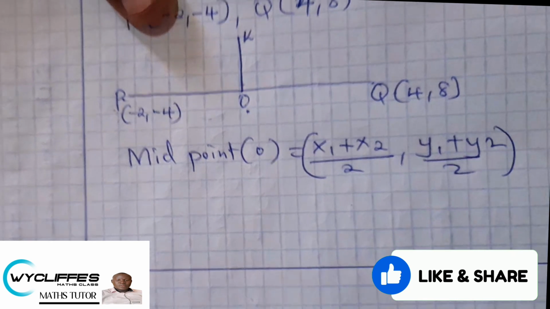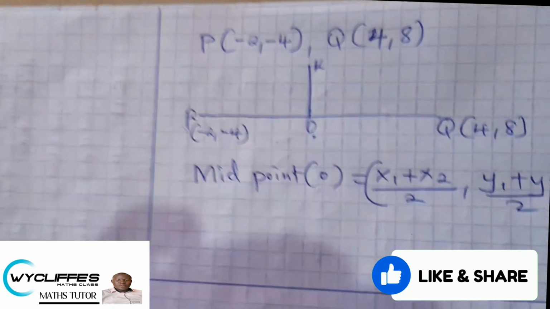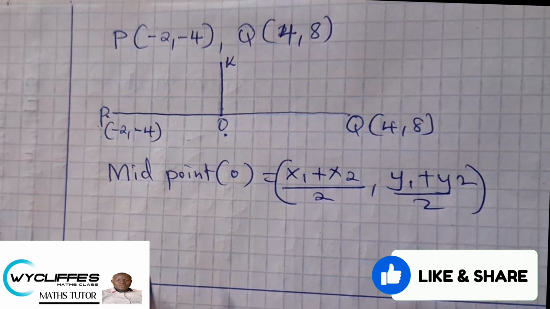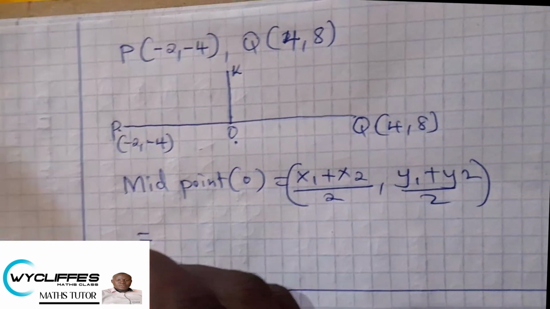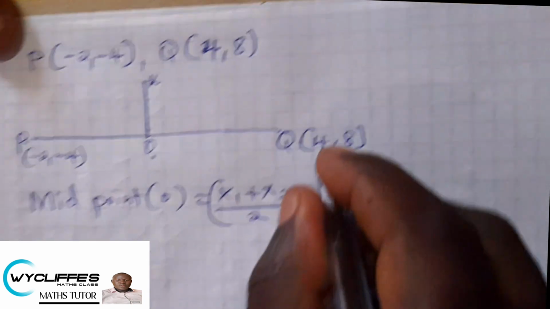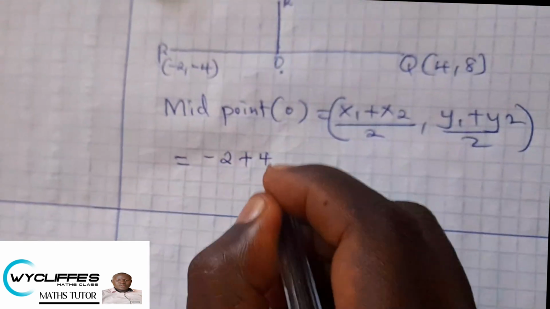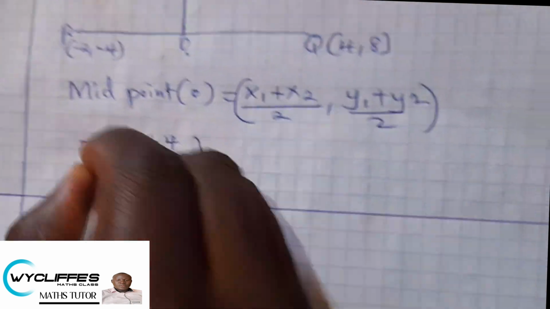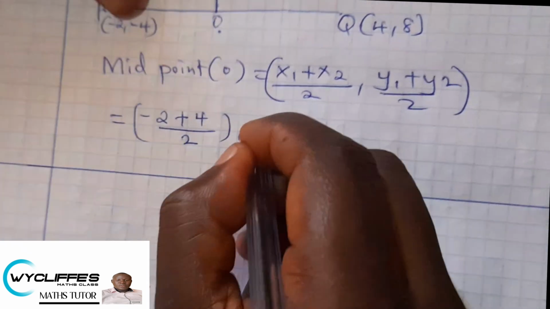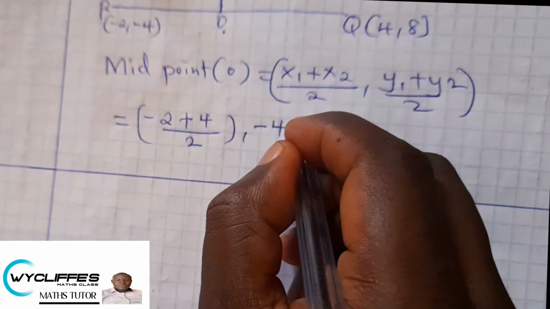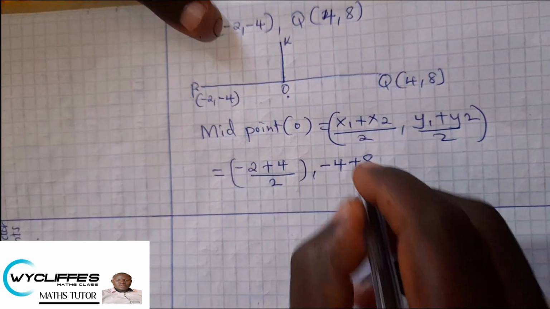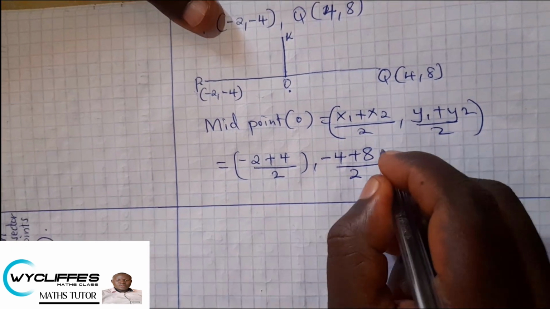So we have x1 is -2 plus x2 is 4, over 2, and y1 is -4 plus y2 is 8, over 2.